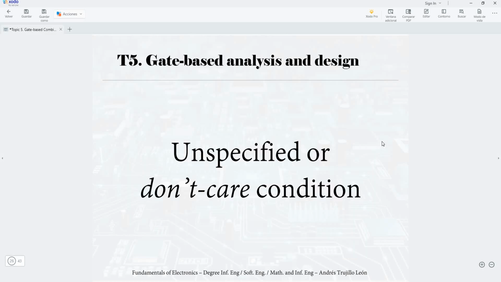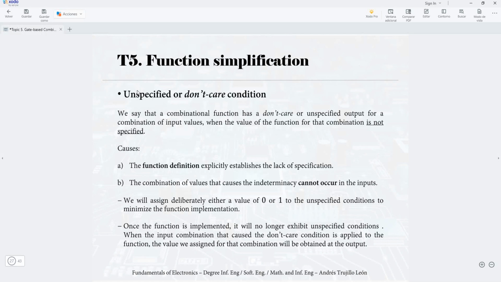The new concept is the unspecified or don't care conditions. What are the don't care conditions? The don't care condition is when we don't have the output specified for certain inputs.